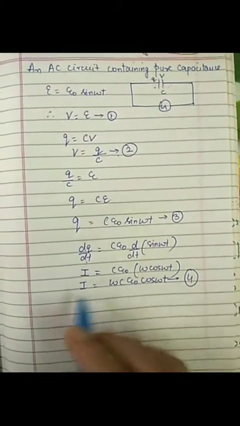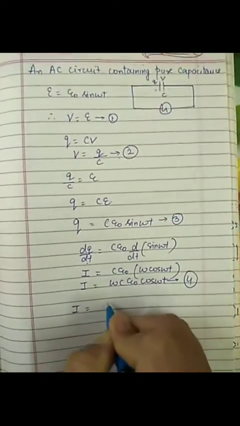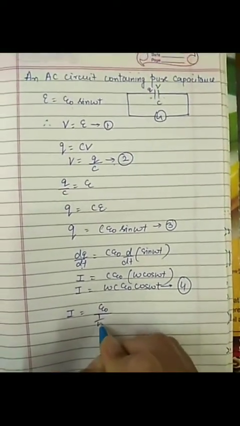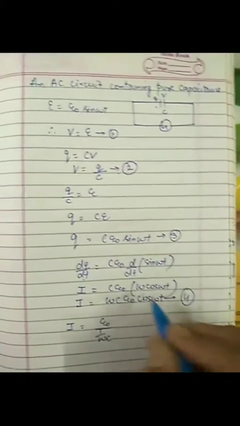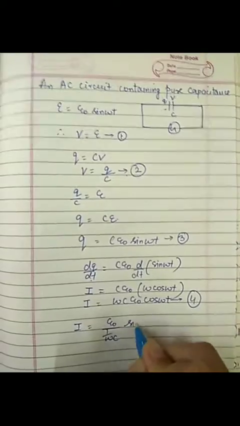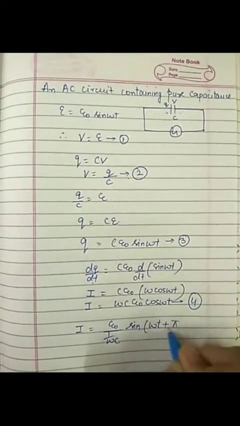Equation 4 can be rewritten in the form I equals epsilon naught times 1 by omega C, and cos omega t can be written in the form of sin of omega t plus pi by 2.